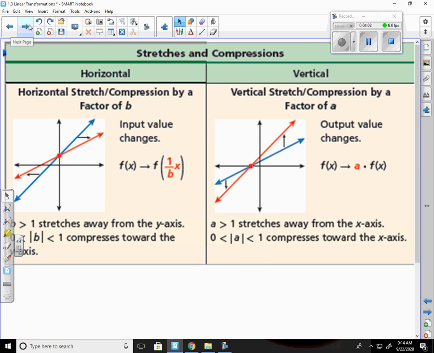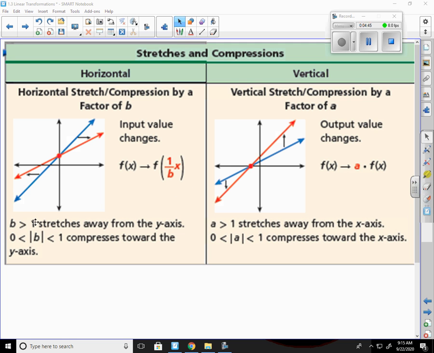Unfortunately, those are not the only types of transformations. We have the stretches, as I let out a big stretch right there, and compressions. Horizontal stretch and compression by a factor of b. Here the input value changes. So whatever's going into my function, I'm going to change by doing 1 over b.